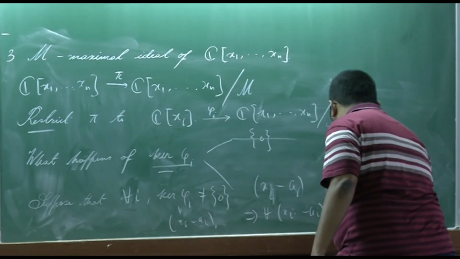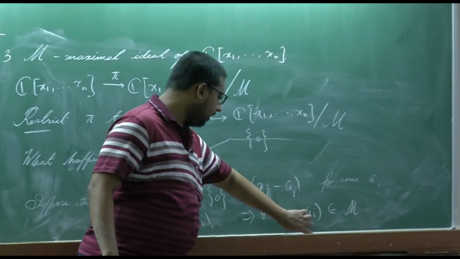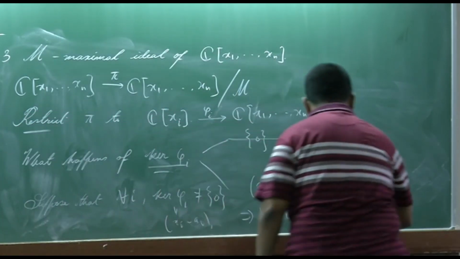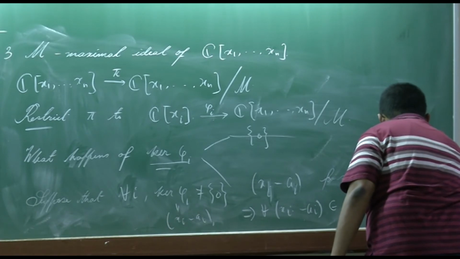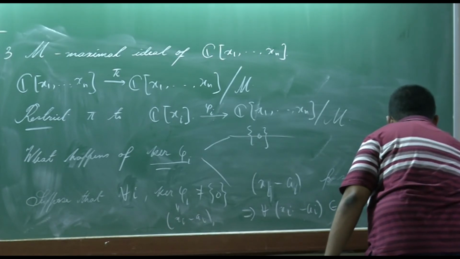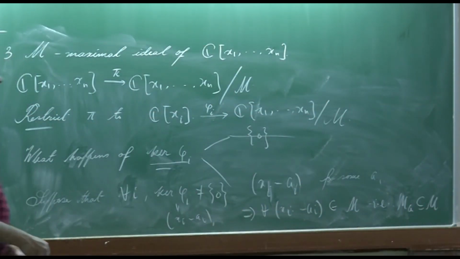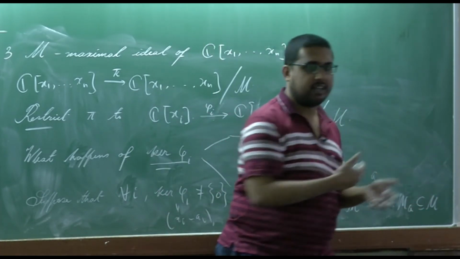This is M. Now you are done, because M contains all these polynomials xi minus ai. This means M_A, for A = (a1, up to an), is a subset of M. But since both are maximal ideals, you must have equality.